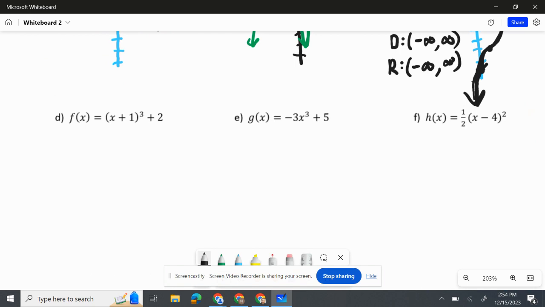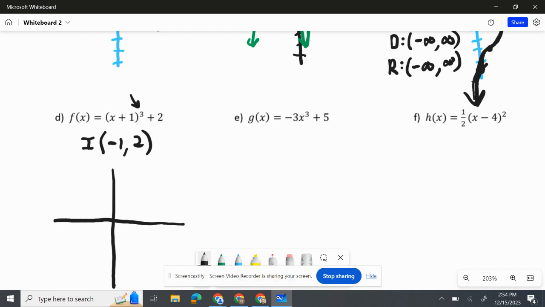For letter D, we have another cubic. We can tell that it's a cubic because it's degree 3. We're going to find our inflection point. That's our center point, -1, 2. When we graph this, we plot it, and then we look at our A value, which in this case is 1.